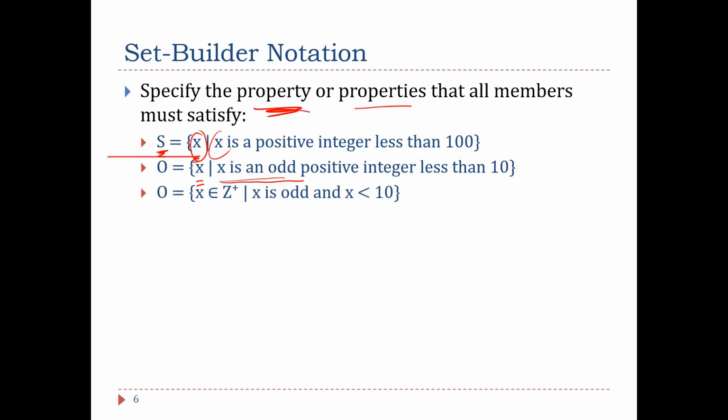We may also use this definition here, so we can also restrict the domain at the beginning and then further restrict it with the properties that follow this vertical bar that we pronounce such that or such as. So typically such that.